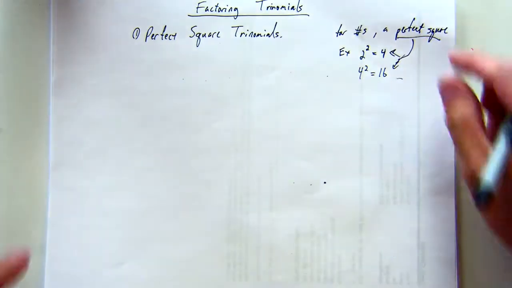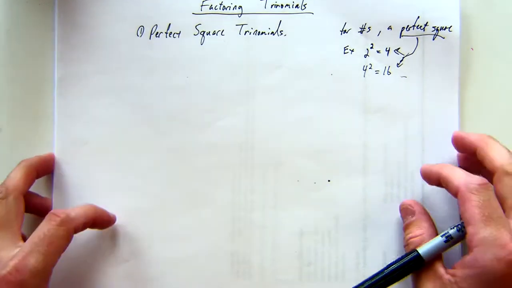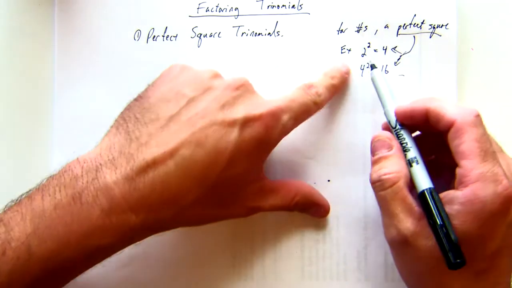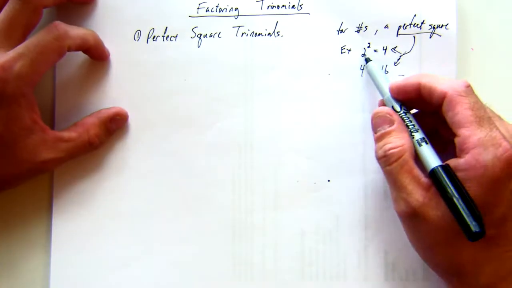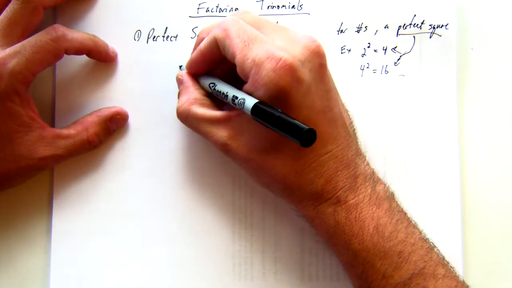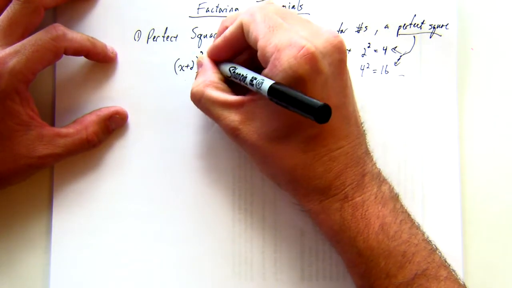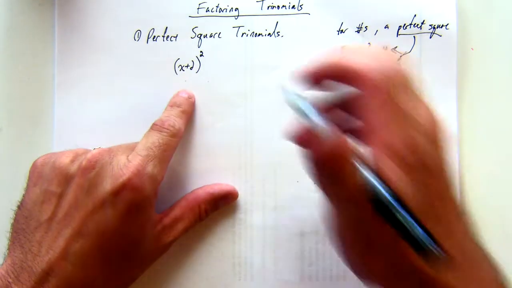Okay? For numbers, so let's think about what a perfect square trinomial is. Let's try to extrapolate this. Instead of a number here, it would be a binomial. So something like, let's try x plus 2 quantity squared. Now this is a binomial squared.